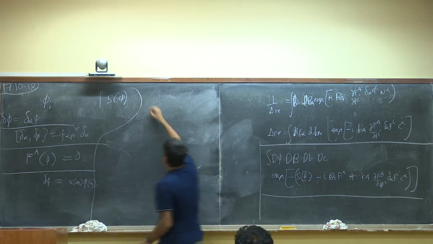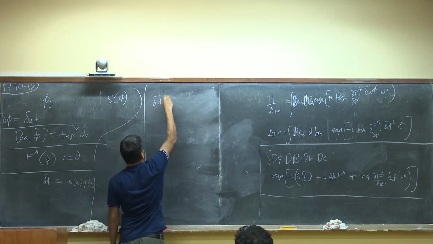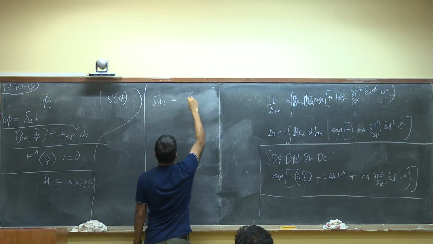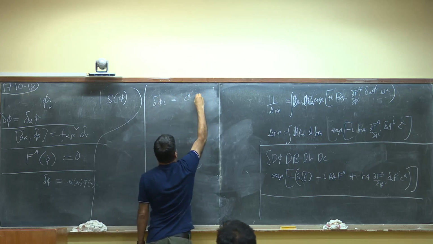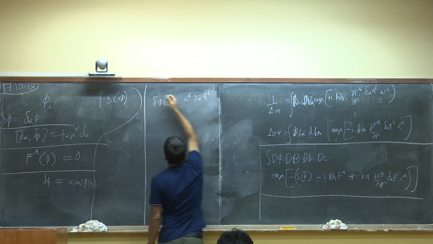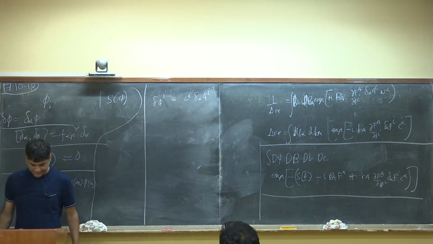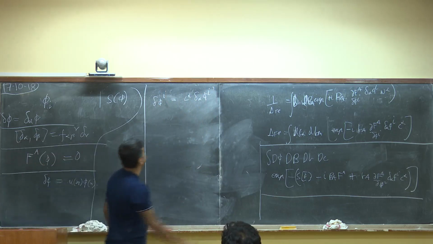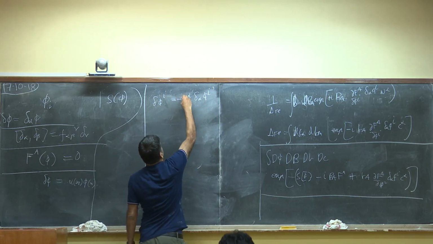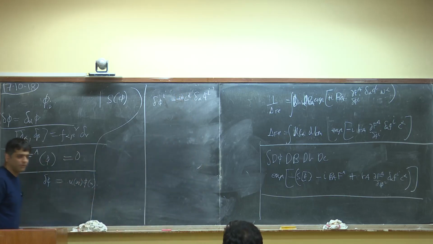So, consider the following symmetry. Consider delta phi_i is equal to minus i epsilon c_alpha delta_alpha phi_i, where epsilon is a formal anti-commuting small parameter.